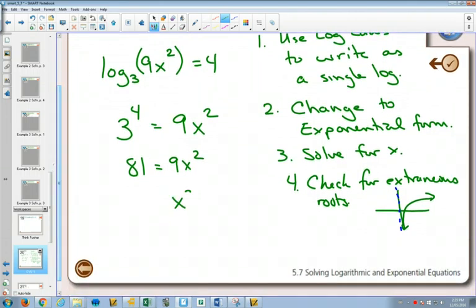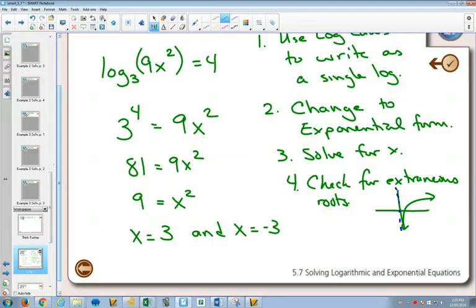Divide by 9. And what do we get when we square root this? 3 and negative 3, because when you square root, you have to remember plus or minus.